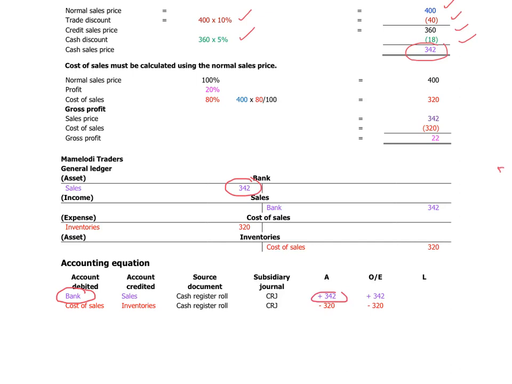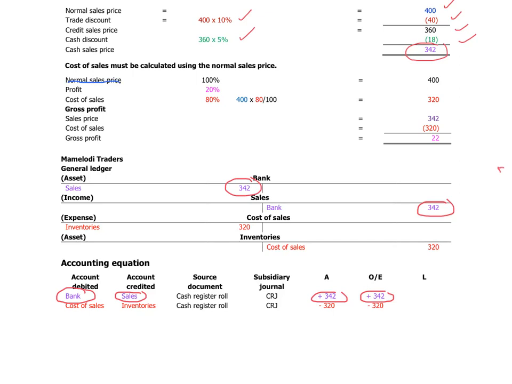The account that's credited is the sales account because income increases on the credit side. So the account credited is sales, income increases profit, so the owner's equity will increase with 342 Rand.